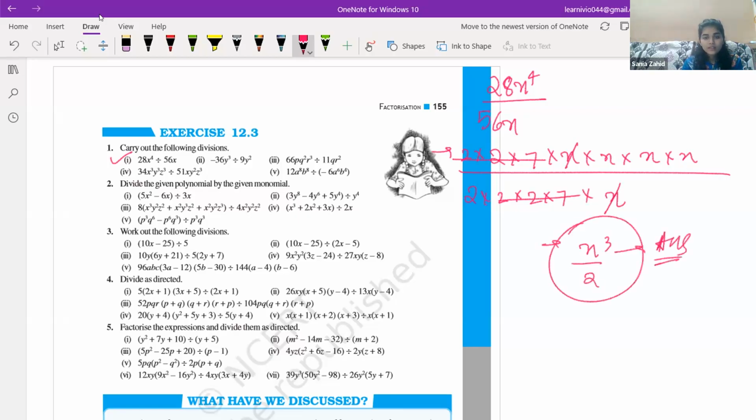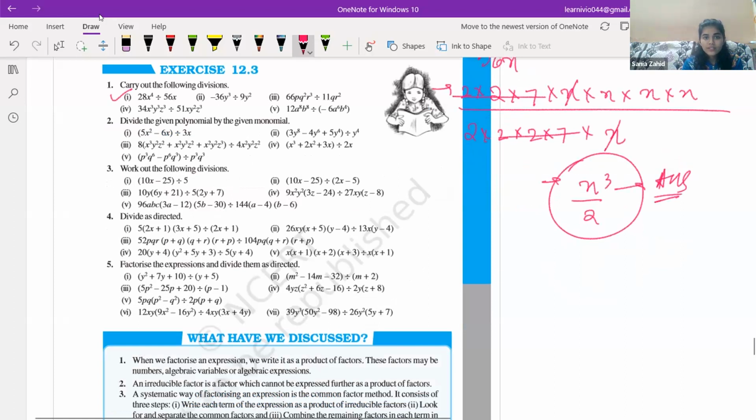The second one was 12a to the power 8 b to the power 8 divided with minus 6a to the power 6 b to the power 4. You can write 12 as 2 into 2 into 3, and 6 as 2 into 3.